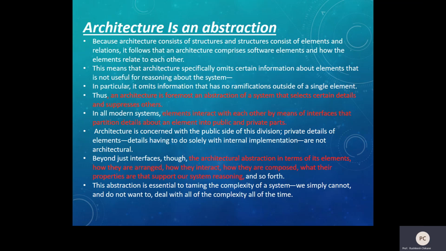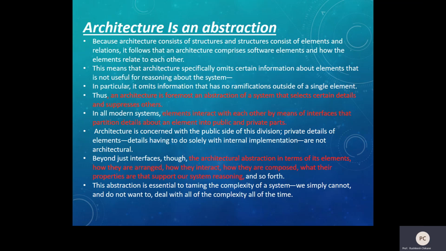This means that the architecture specifically omits certain information about the elements that is not useful for reasoning about the system. Whatever information is not useful, your architecture must omit that particular information.